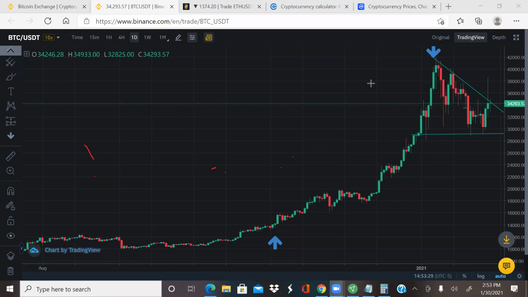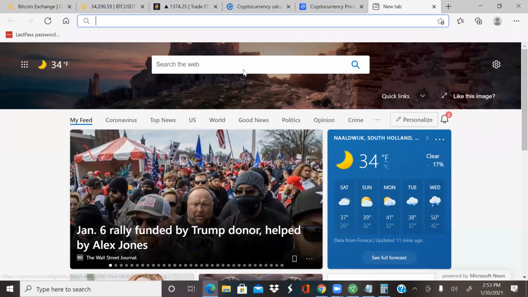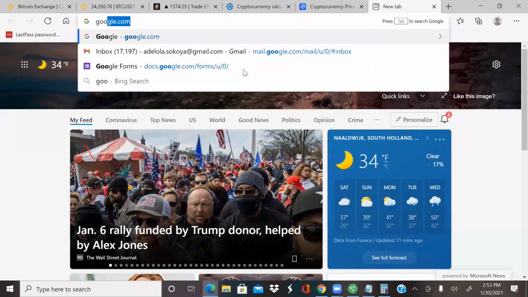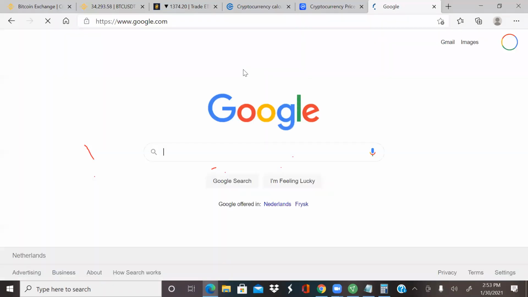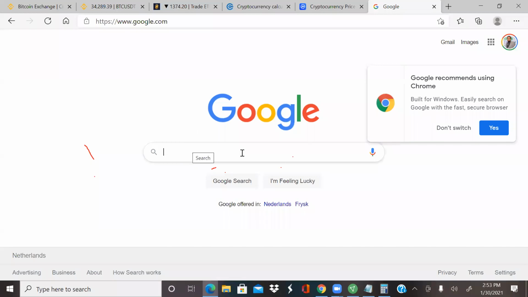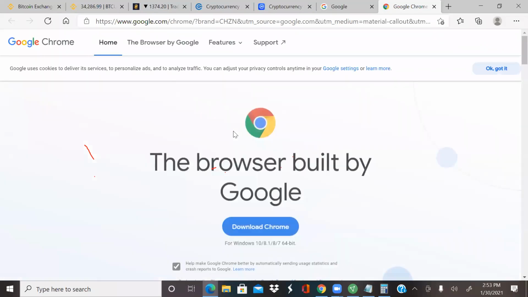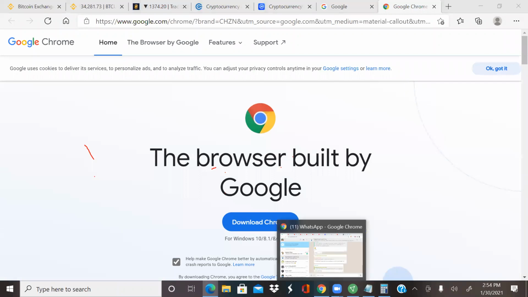Bitcoin miners, let me show you something. Let me go to Google. I want to show you how much miners made last year, so that you understand what I'm saying. I'm not telling you a cock and bull story. Sorry, let me go here.